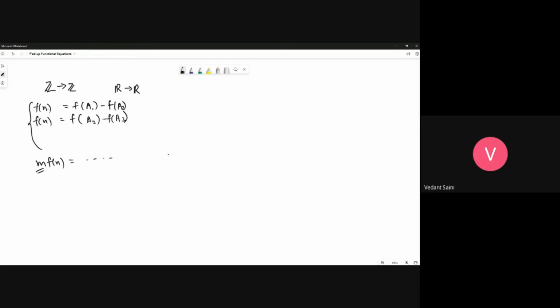But in R to R, you have to apply more non-standard techniques. Sometimes you may be able to prove injectivity. For people who don't know what injectivity is, it is f of a equals f of b if and only if a equals b.